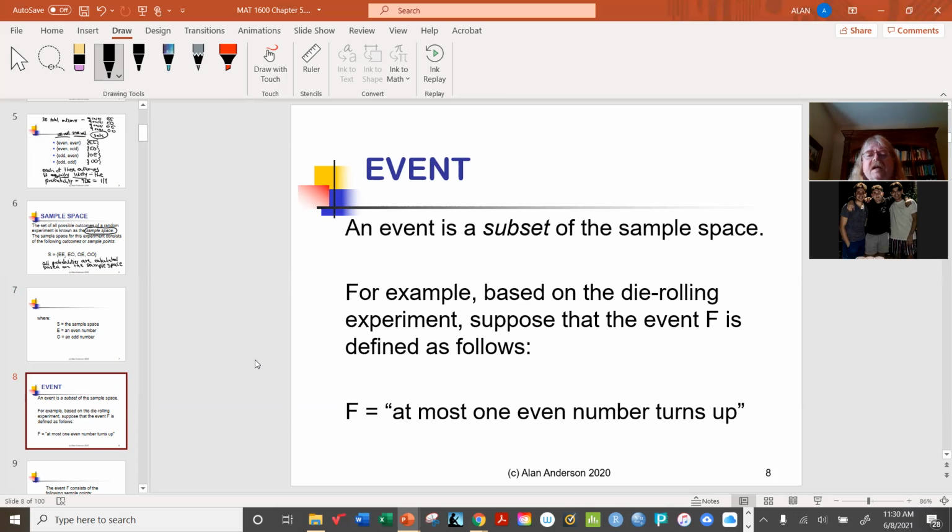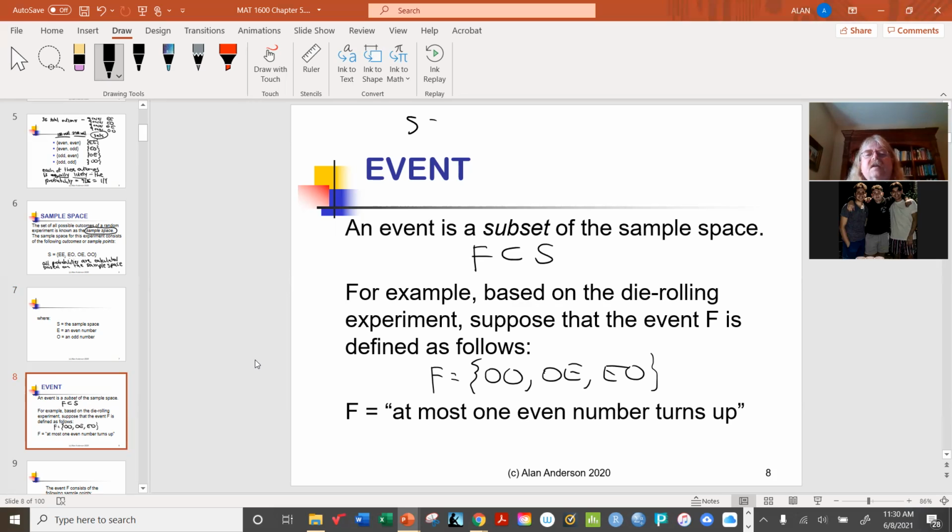Or you could simply note that that means OO, because there are no evens, OE, because there's one even, and EO, because there's one even. The only thing you're leaving out is the case of two evens. And this is an event, because it should be pretty clear that F is a subset of S.